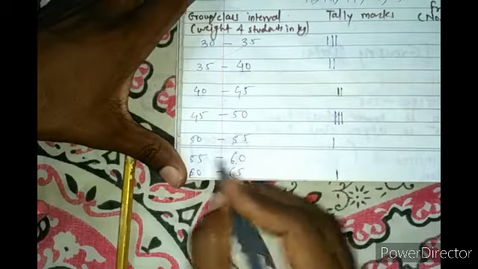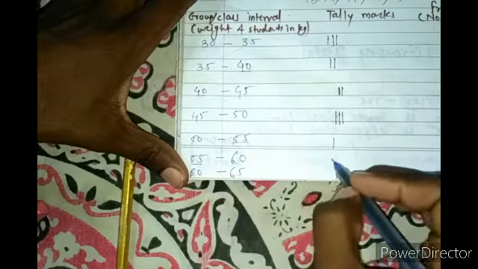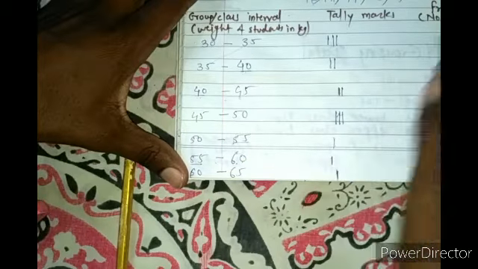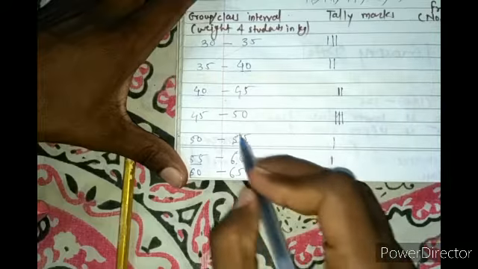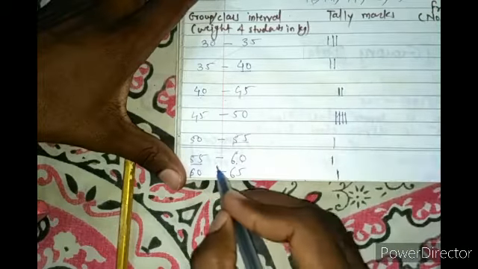See here again 55 and 55. So we will take 55 in the higher class. So here 49 here.